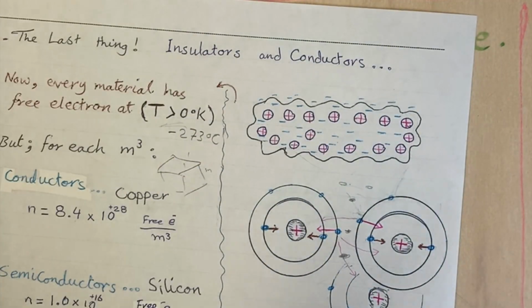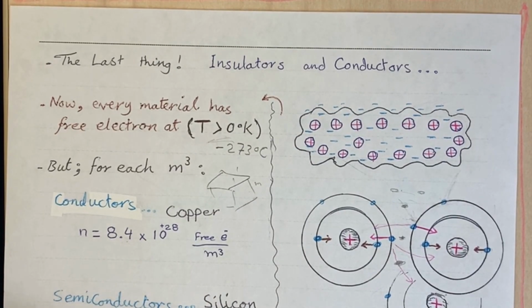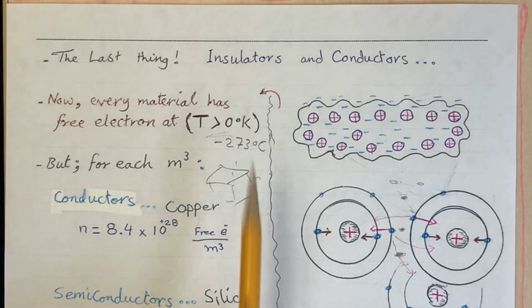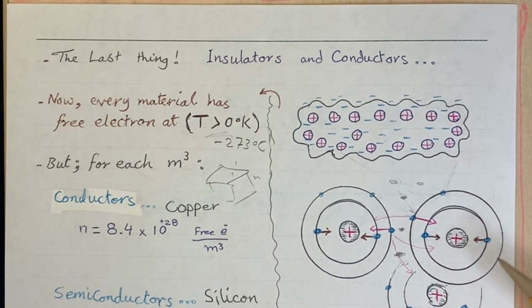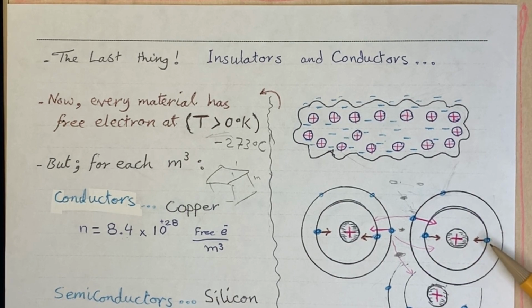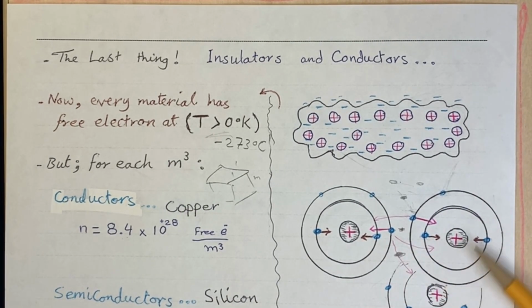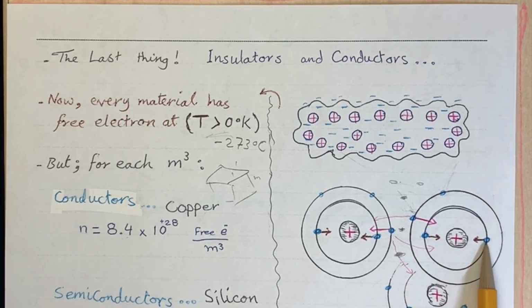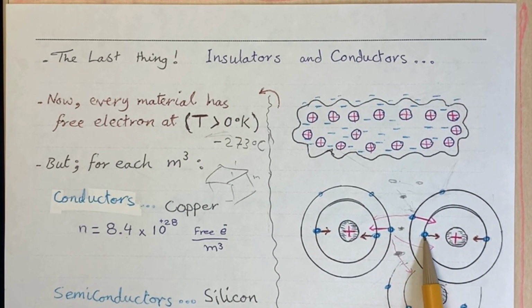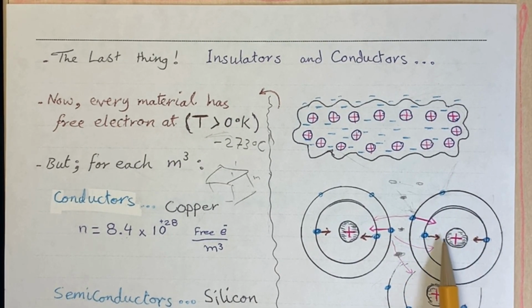Now finally, we need to discuss simple things about the insulators and conductors. As we defined before, the atom components: we have the nuclei, and we have electrons rotating around them in the orbitals. There are some electrons which are in the inner orbits. They are tightly or strongly attracted to their mother nucleus.